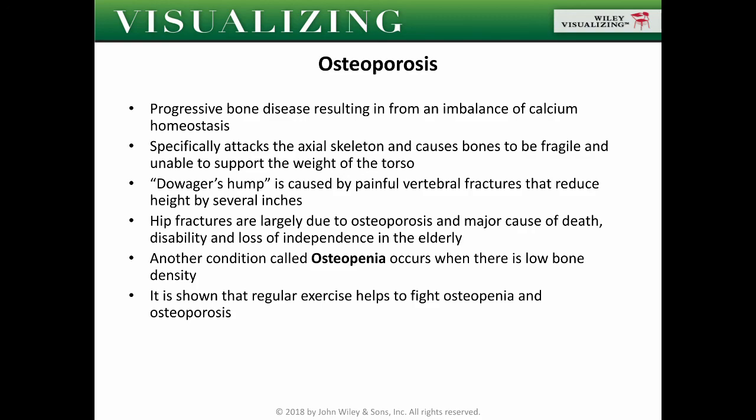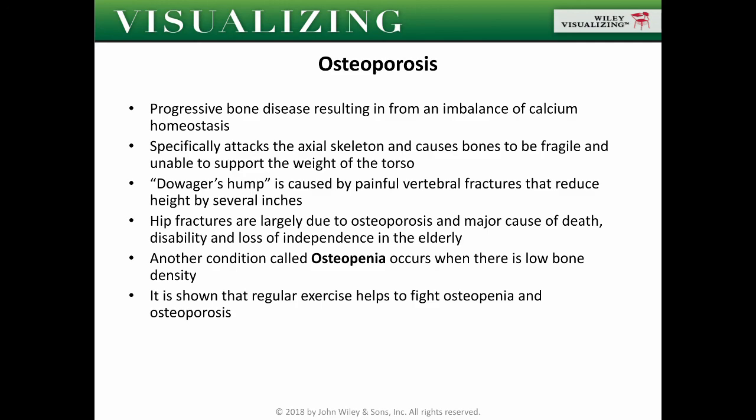Another reason for the loss of calcium, especially in women, is that pregnant women donate most of their calcium deposits to their babies. That's why pregnant women need to take in lots of calcium in their diet, because they are providing the calcium to form the bones of the baby in their womb. And that is why osteoporosis is very prevalent in women, especially women who have borne lots of children.